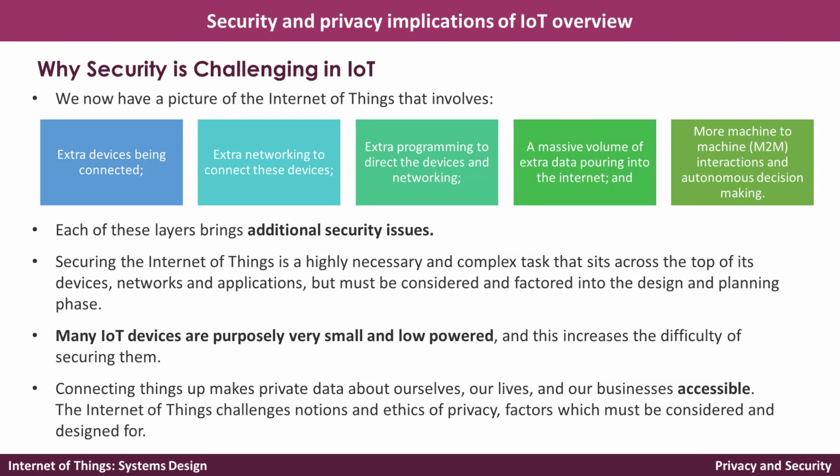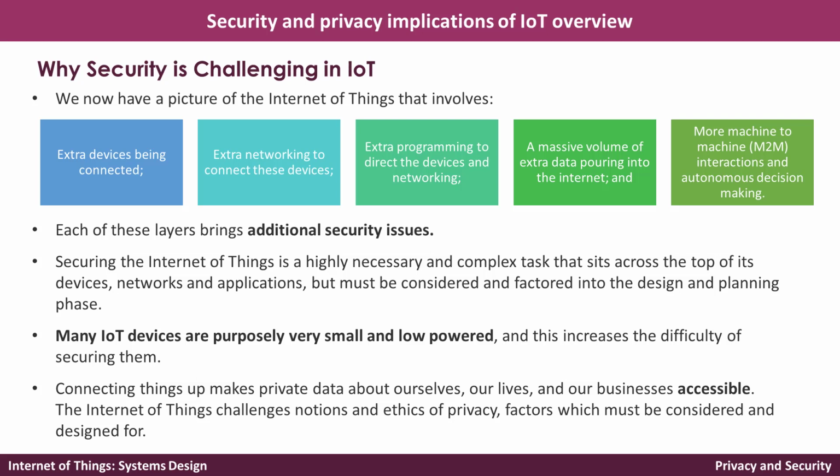There are a number of reasons why security in IoT is quite challenging. First, it adds more extra devices to the network, which means that you need to increase the number of network connections. They also use different types of protocols and intermediary devices, which increases the attack surface. Then you also need extra programming to direct the devices and the networking together.